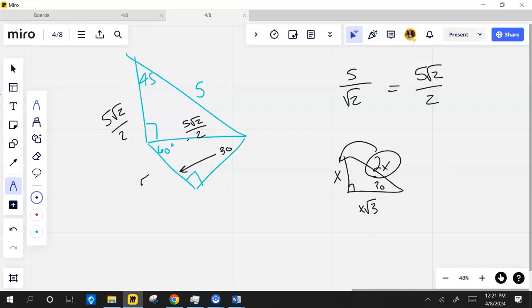That means this is 5 square root of 2. And now how do I get from short leg to long leg? Times the square root of 3, right? So 5 root 2 times square root of 3 is 5 square root of 6. That came from taking the short leg and multiplying by square root of 3.